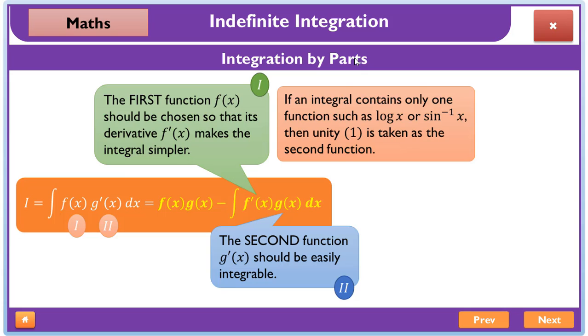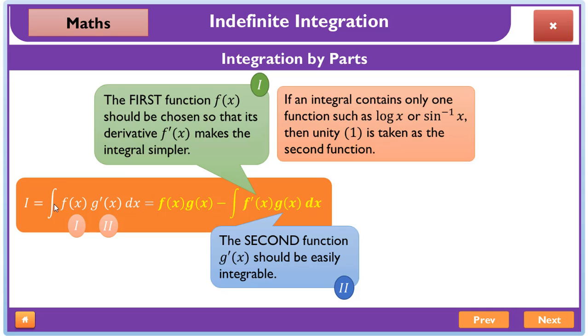Then how to choose these two functions? The key is the first function f of x should be chosen so that its derivative f dash of x makes the integral simpler. Just you can see here, this is the first function and this is the second function. This function needs to be differentiated to give f dash of x, and this function should be integrable so that we can find g of x.